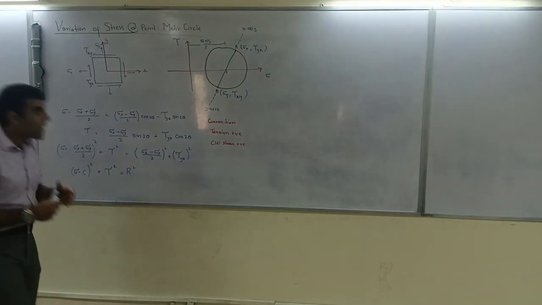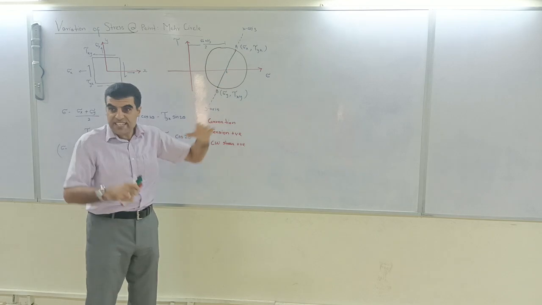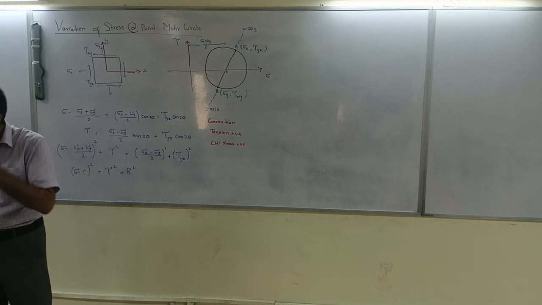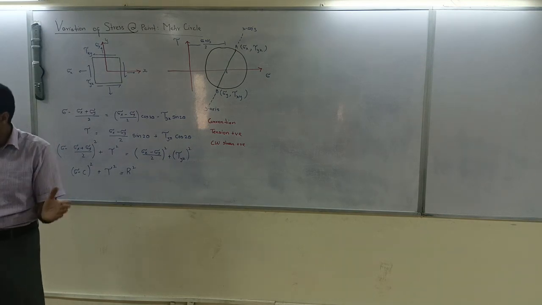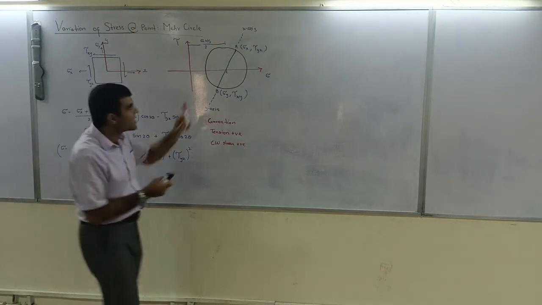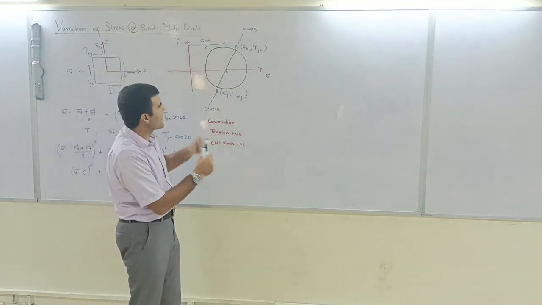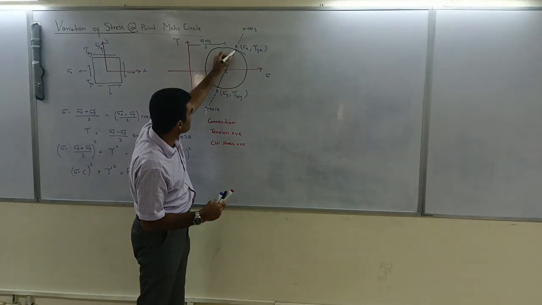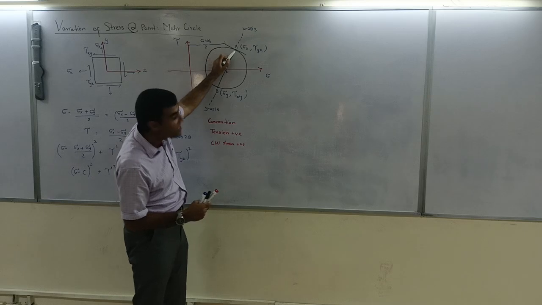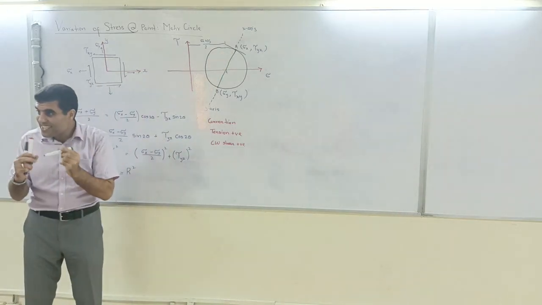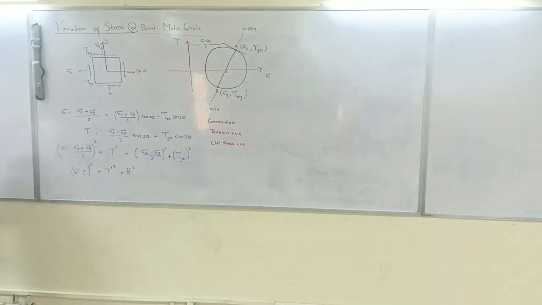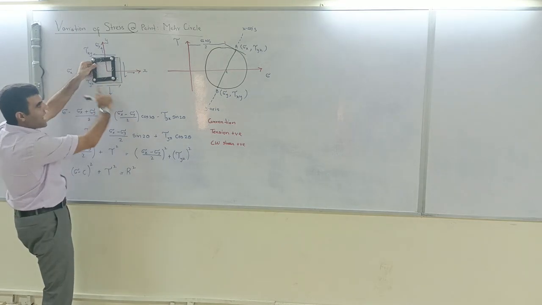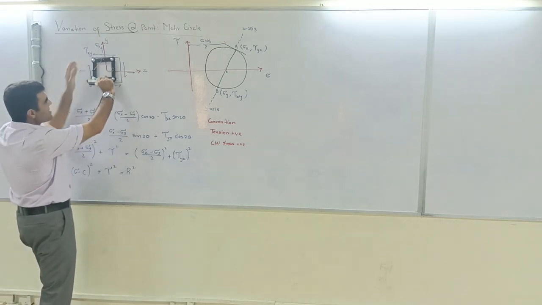The Mohr circle gives you an infinite number of stresses and shears at different orientations. At every point on the Mohr circle, if you draw a tangent, this tangent represents the face of an element.